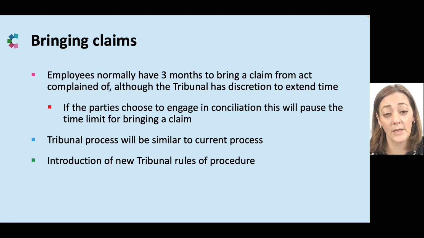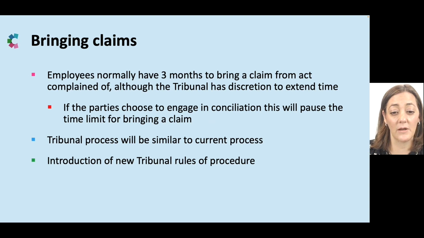But if not, then the individual has not lost out on the opportunity to then proceed to the next stage. The tribunal process will be similar to the current process that we already have, but we are going to see the introduction of new tribunal rules and procedure, which will formalise the process a little further.